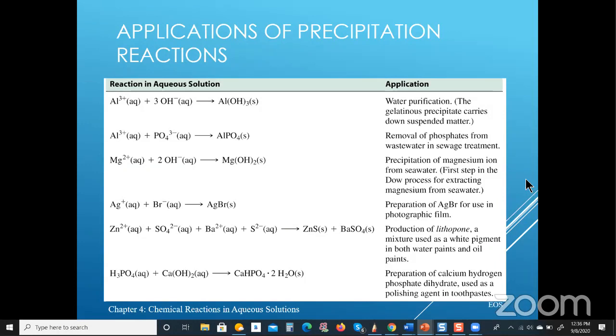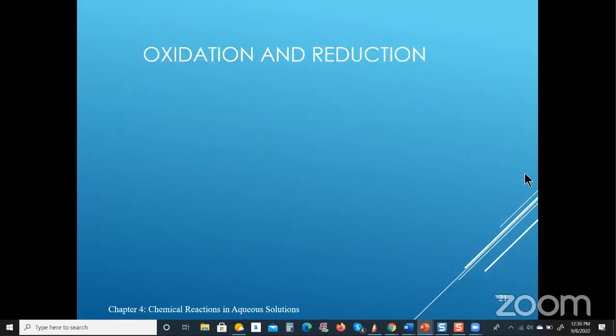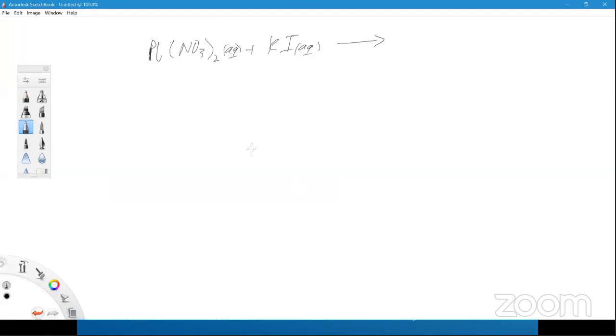Now, what I really want to get to right now is how do we determine the net ionic equation? So I'm going to start off with this example right here. All right, so here we have lead 2 nitrate aqueous, and potassium iodide aqueous. And the first thing we need to do is write down or figure out what the products are, and then we can go from here. Now, this reaction here will be a double displacement reaction.